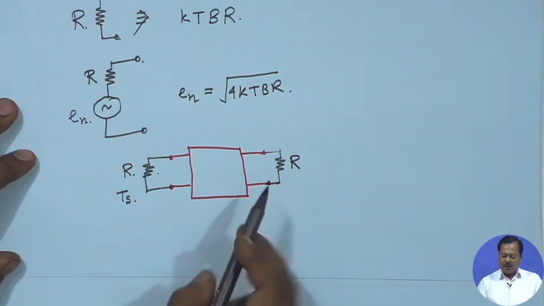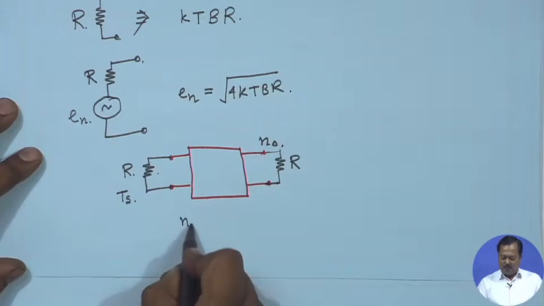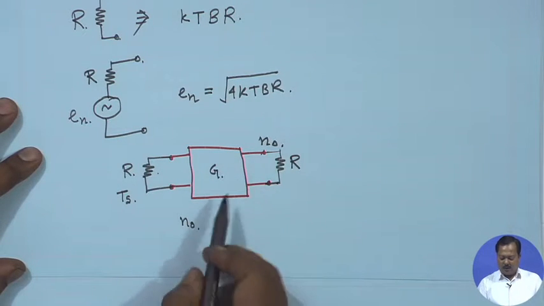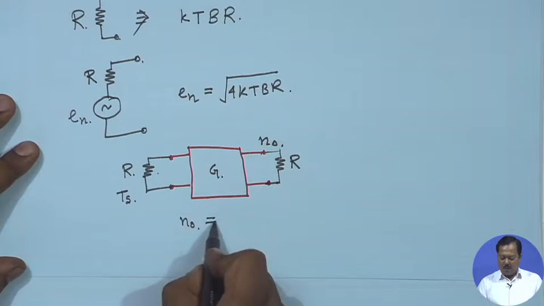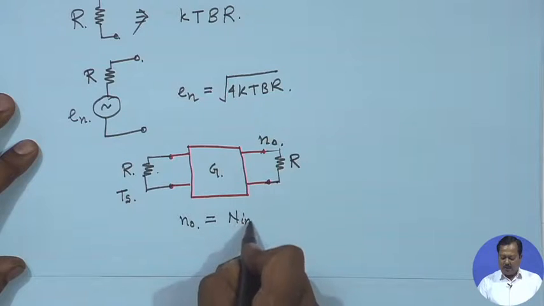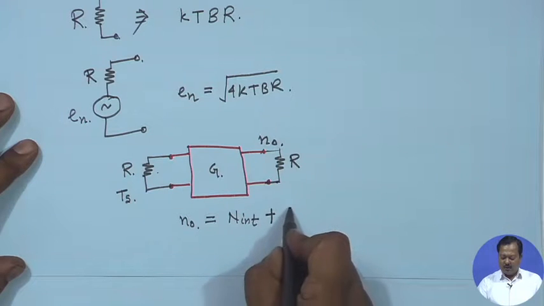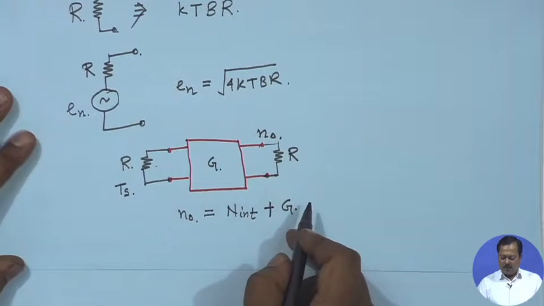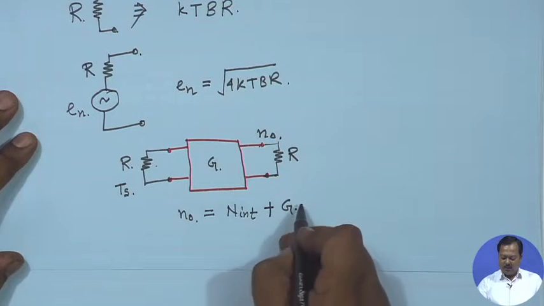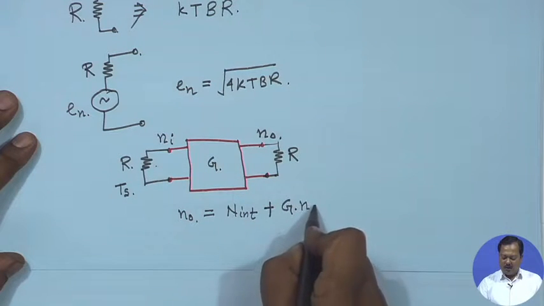So, total noise contribution at the output side N naught is equal to, let us say the gain of this 2-port network is G, then N naught is equal to N internal, which is being added by this device itself, plus the gain of the device multiplied by whatever noise is being delivered by the source at the left hand side. Let us say that is given by N incident. So, G into N I.